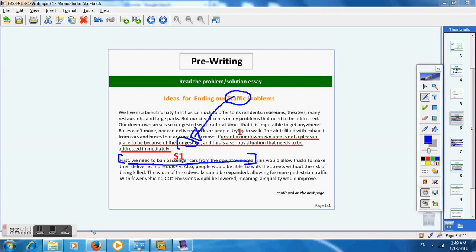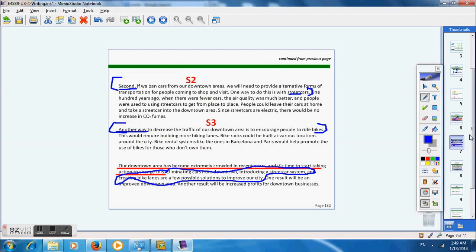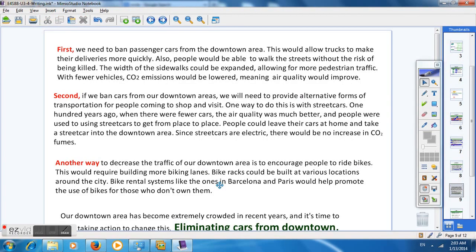Okay, let's review the answers. We have here the thesis statement, and this is solution 1, or the first solution. And you have solution 2, solution 3, and we have the summary of the problem and the summary of the solutions. Let's take a look at the writer's suggested solutions again.